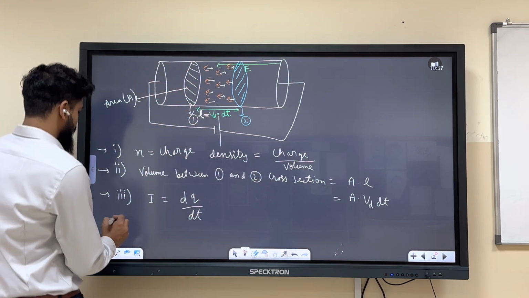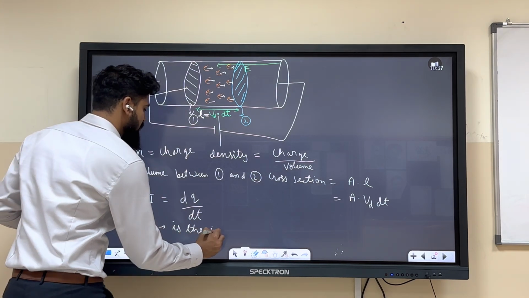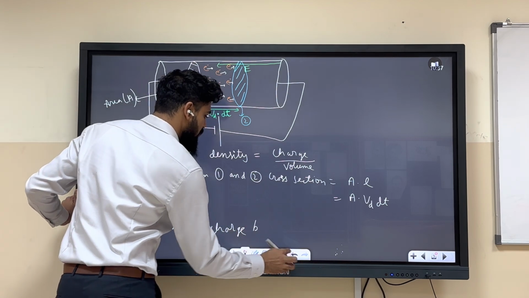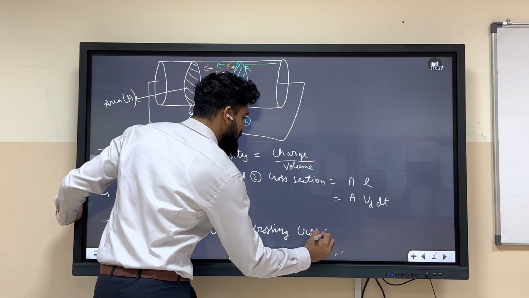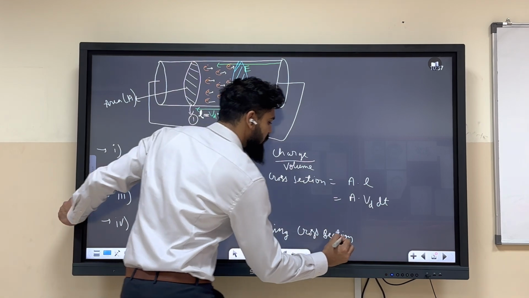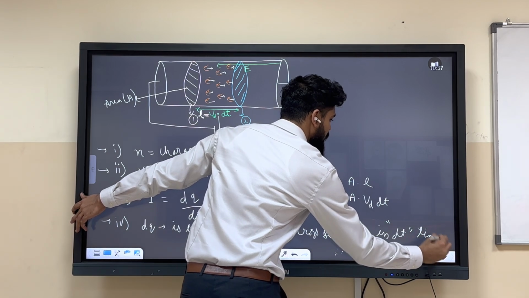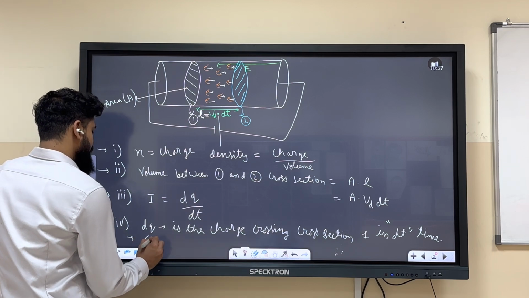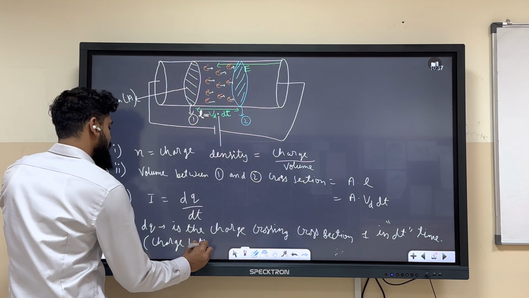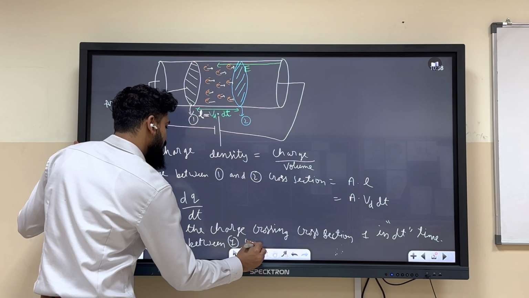dq over here, अच्छा यहाँ पर देखते हैं. dq is the charge crossing cross section 1 in dt time, ठीक है, or we can say this is the charge between 1 and 2.